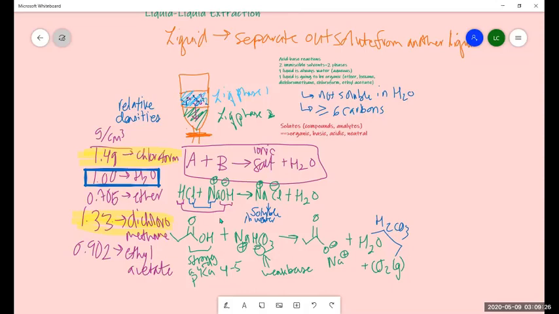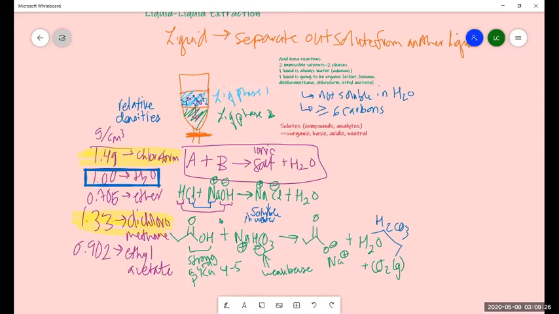Okay. And then just remember that these can have carbon chains on them. For instance, the example given in your manual is something that has a carboxylic acid on it, and you have a weak base, bicarbonate.